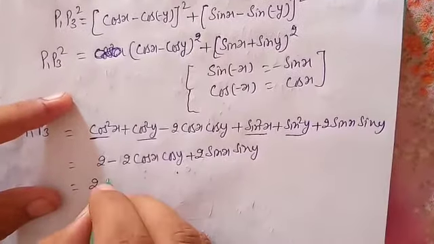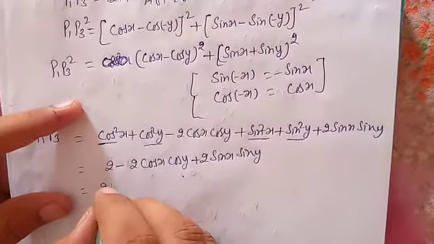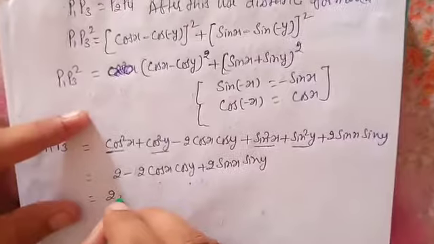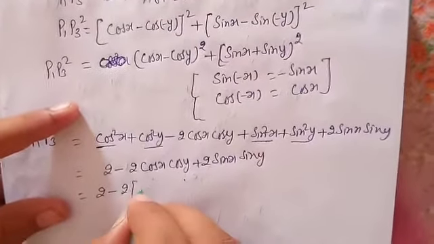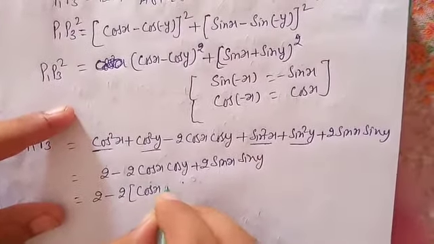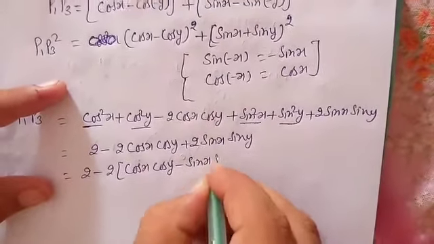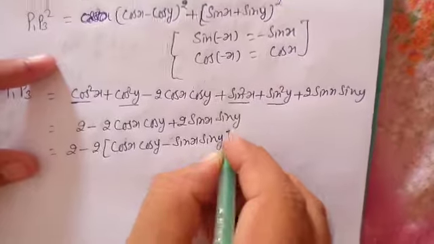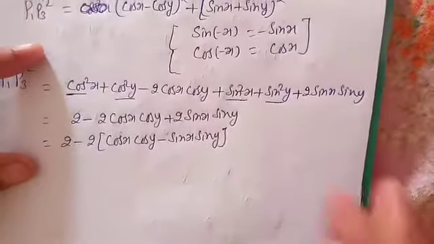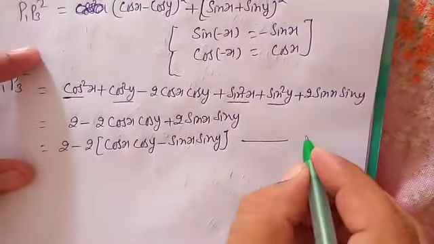Take 2 common here: 2 times cos of x cos of y minus sin of x sin of y. Leave it here, this is your first.